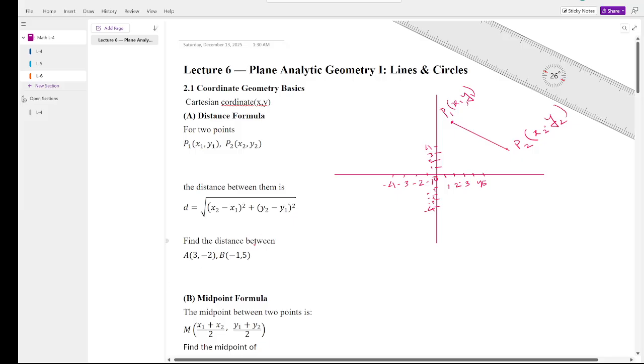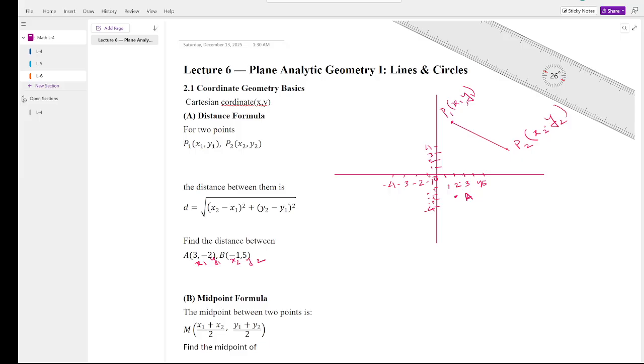Now we find the distance between A and B. For A, this is x1, this is y1, and for B this is x2, this is y2. So we can find the first point here, 3 and minus 2 downside. This is point A. Where is B?